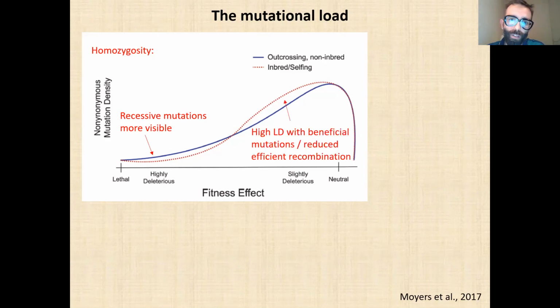But now let's look at the other side of the spectrum. So this time we are with mutations that are not so deleterious. They are slightly deleterious, I would call them, which means that an individual carrying this mutation will not be counter-selected that much. And there we have the problems that we discussed before, which is that because of homozygosity, we're going to have high linkage disequilibrium between beneficial mutations and these slightly deleterious mutations.